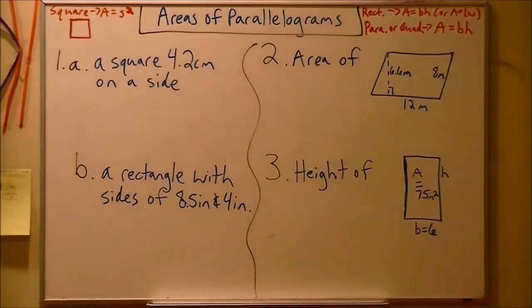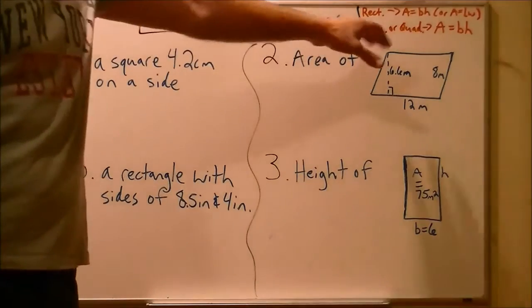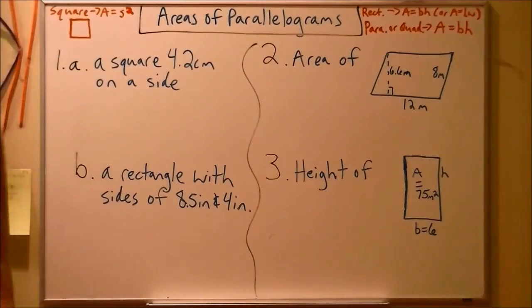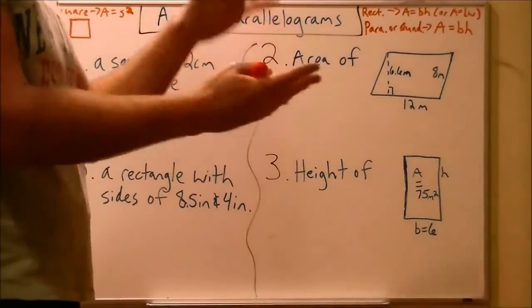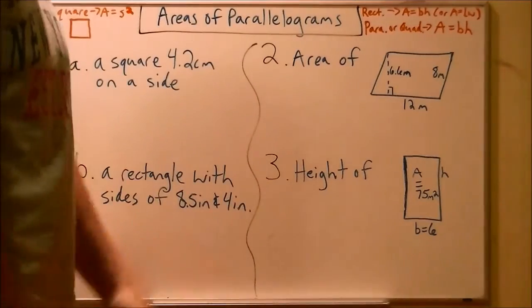I believe it's a little bit of a breath of fresh air after the difficulty of what we had last chapter. And in section 1 of chapter 13, we will be dealing with finding the area of parallelograms. What are parallelograms? Parallelograms or quadrilaterals have sides that are parallel to each other on the top as well as on the bottom.